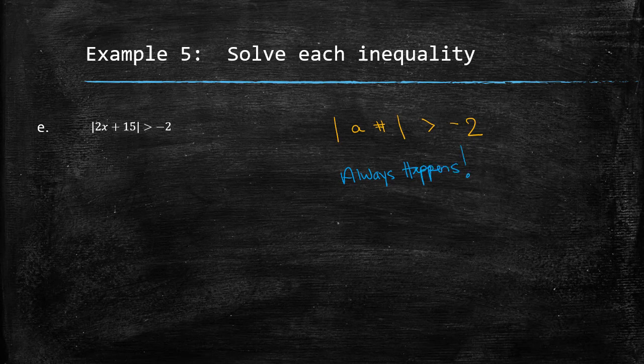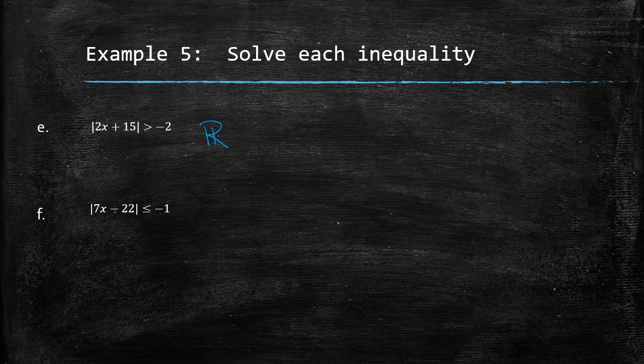It doesn't matter what number I plug in for x, multiply it by 2, add 15, take its absolute value, I will always get a number that's bigger than negative 2. So the answer to part E is all real numbers.